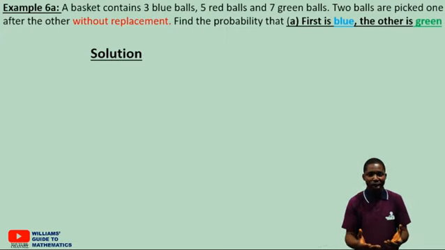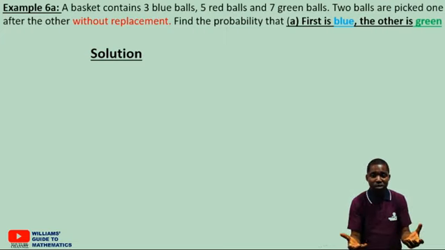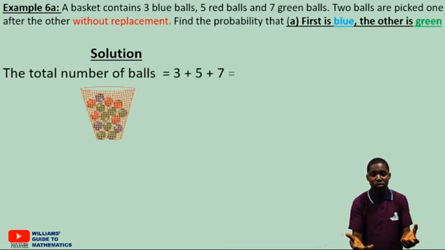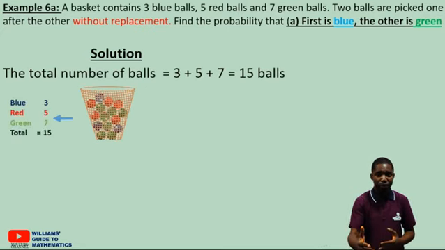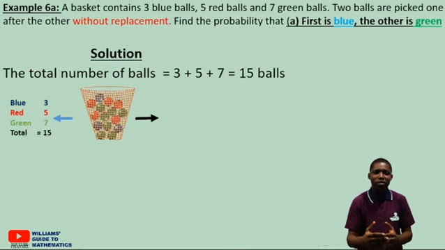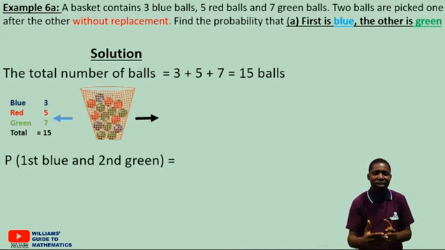Now, like we did for the first one, we add all the given numbers of balls, which is 3, 5, and 7, and that will give us 15. Having done that, let's start. The first question says find the probability of getting the first as blue and the second as green.